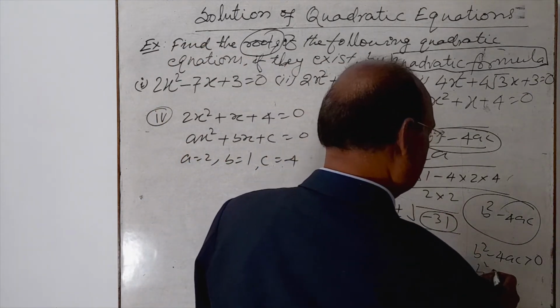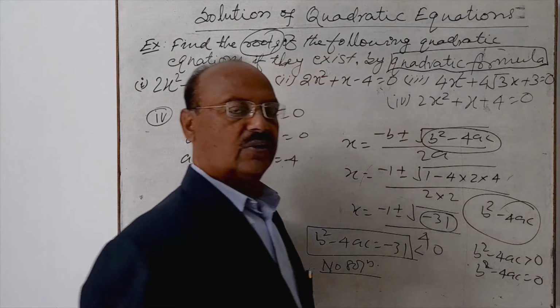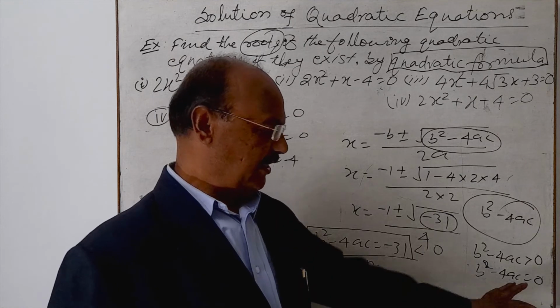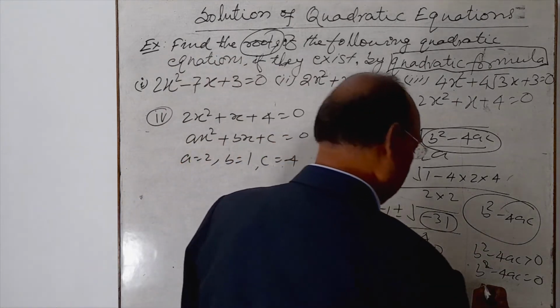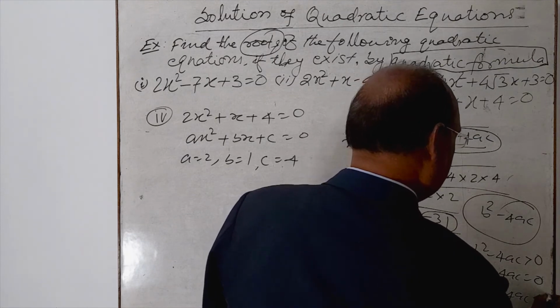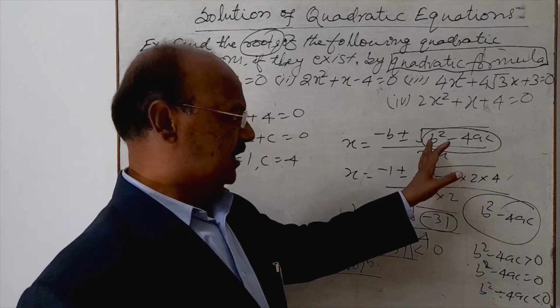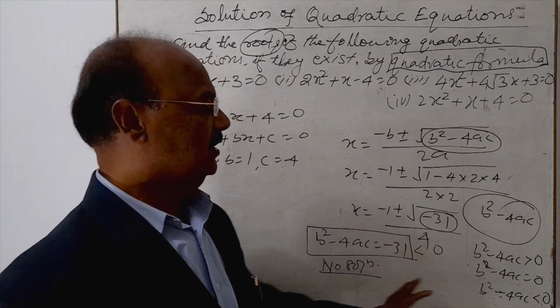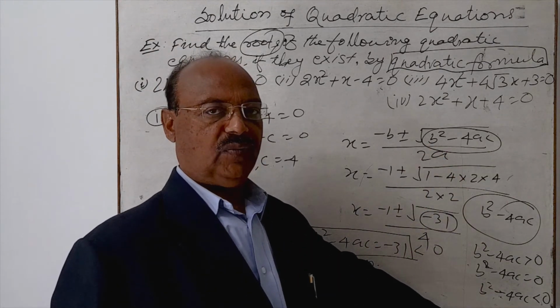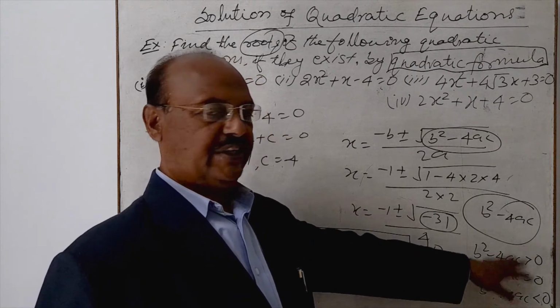When b square minus 4ac is equal to 0, roots will be real and equal. But when b square minus 4ac is less than 0, means negative number, the case which is arising here, there will be no solution. So in other videos, we will discuss this part separately.